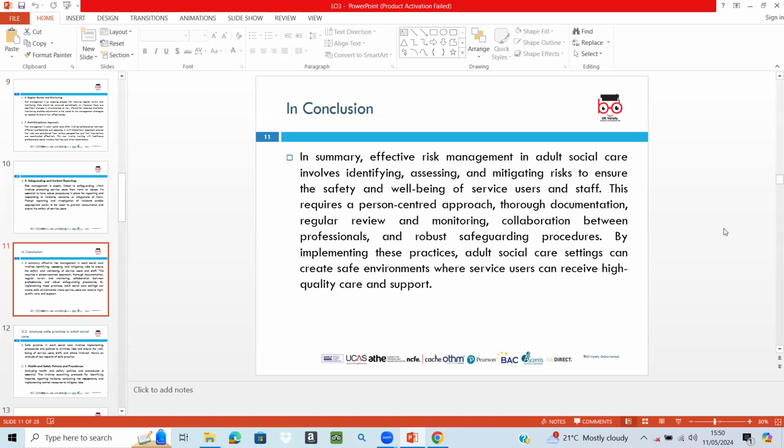It involves identifying, assessing, and minimizing risk by adopting a person-centered approach, maintaining thorough documentation, regularly reviewing and monitoring risk, and fostering collaboration among professionals and implementing robust safeguarding procedures. By integrating these practices, adult social care settings can establish a safe environment and promote high quality care and support for service users. So that was the conclusion.